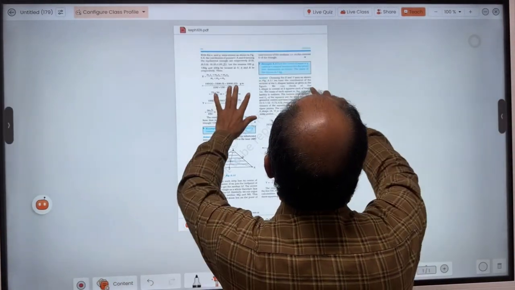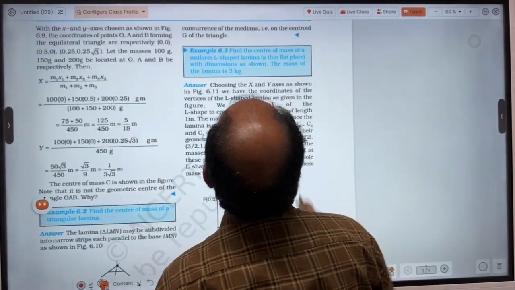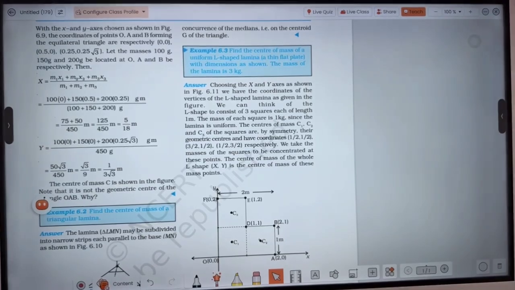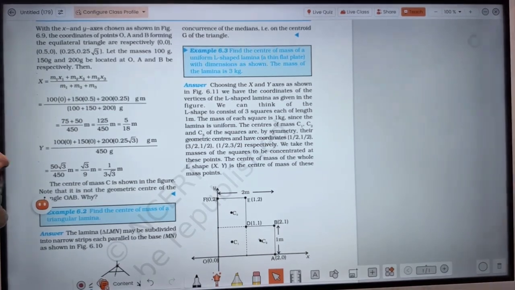So the thing is clear. Now we are going to do this question. The question says, find the center of mass of a uniform L-shaped lamina, a thin flat plate with dimensions as shown. The mass of the lamina is 3 kg.